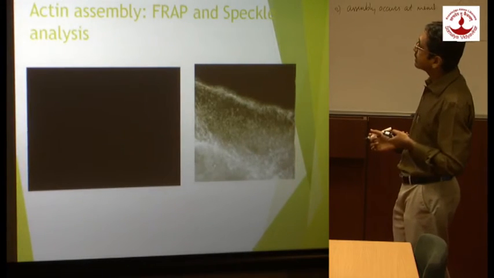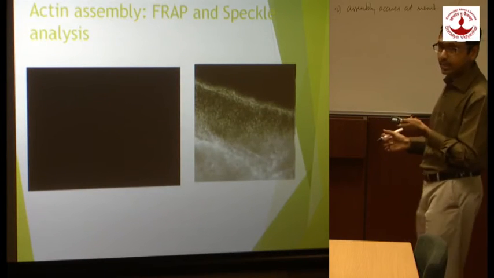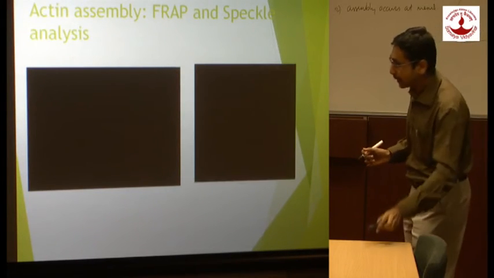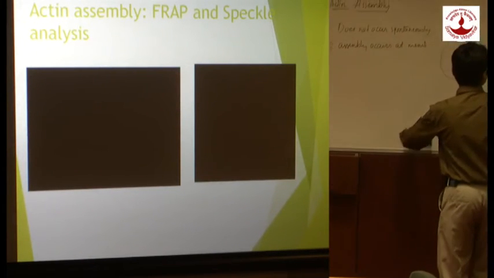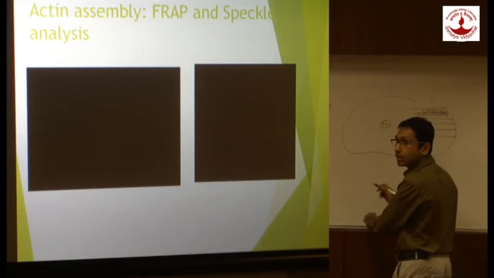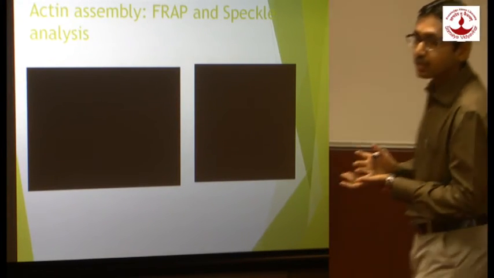So in this video, the earlier video was a FRAP video, and the second is the speckle analysis. We will take this example where FRAP stands for fluorescence recovery after photobleaching.